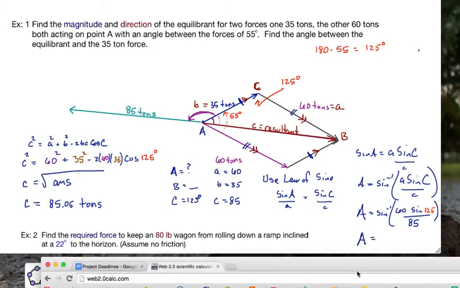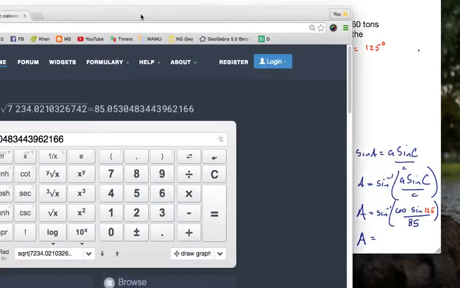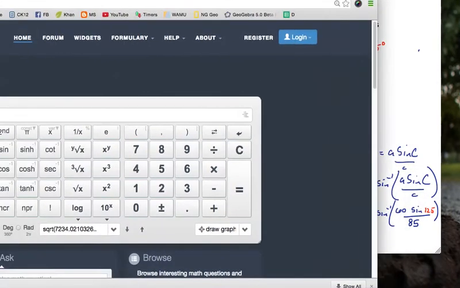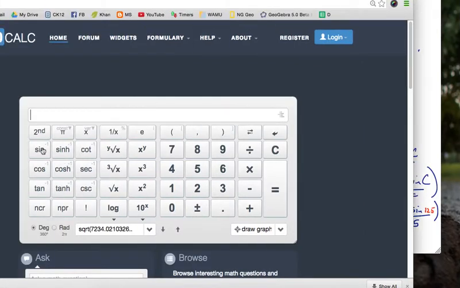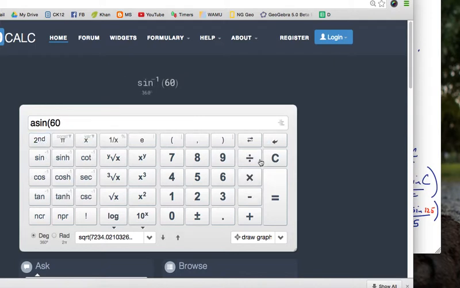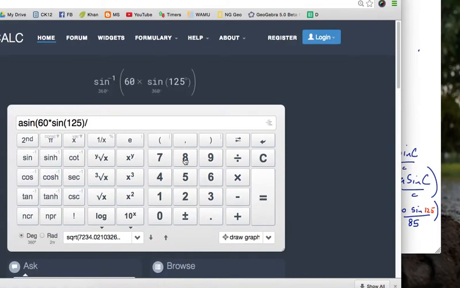So we do the inverse sine of 60 times sine 125 divided by 85.